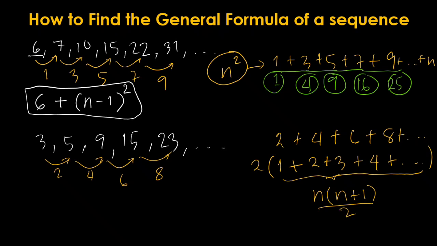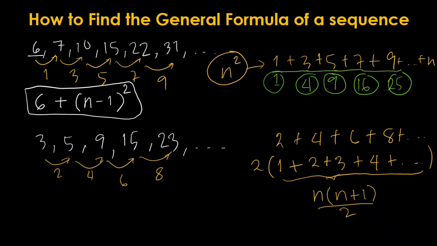You can verify it when your n is 1. This is 1 here, then 2. 1 times 2 is 2, divided by 2 is 1. That's the first term. When n is 2, you have 2 times 3, that's 6, divided by 2 is 3. So we have 1 plus 2 is 3. You can verify it.